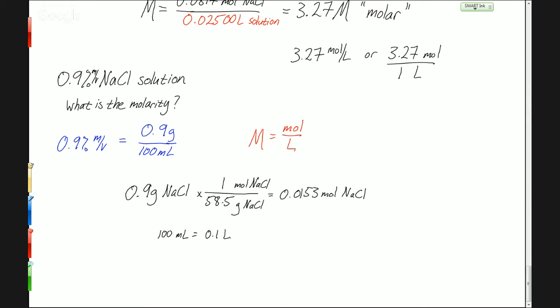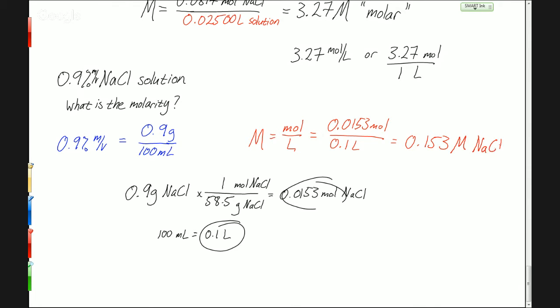So now we've got moles and we've got liters, so we can get molarity. We're dividing by 0.1, we just move the decimal over 1, and that's 0.153 molar NaCl. That's another way of expressing the concentration.